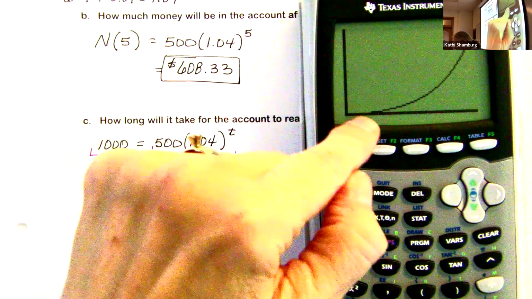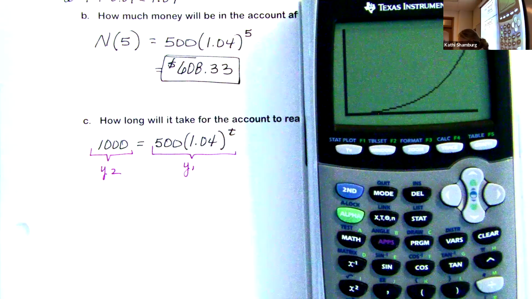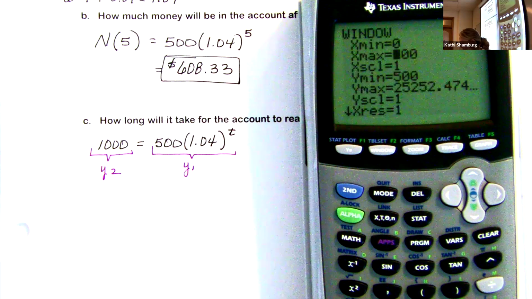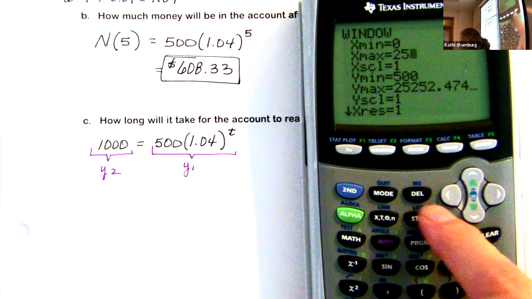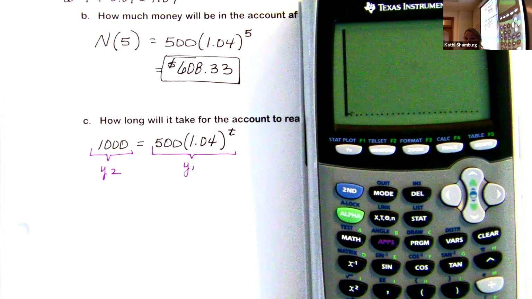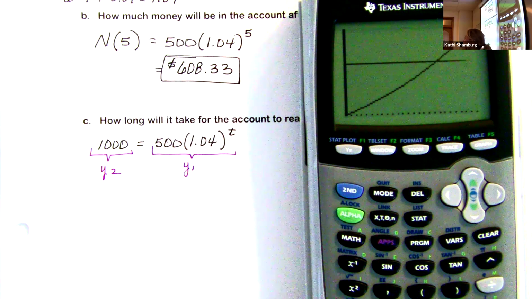Okay, it looked like it's doing it down here, which I don't love, so I'm gonna go back to window, and instead of 100, I'm gonna do 25. And sometimes it's just a matter of throwing some numbers in there until it is pleasant. There we go. Go back to zoom? No, I'm sorry, window. Do 0 as your min and 25 as your max. And then you went to zoom 0?